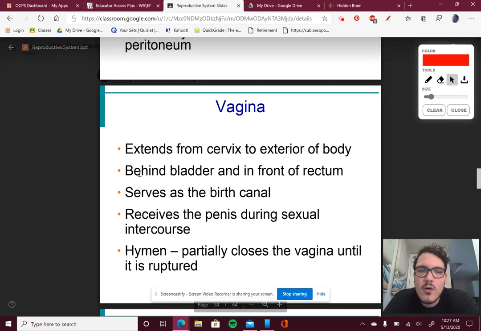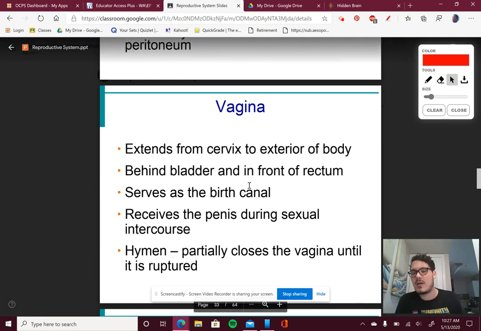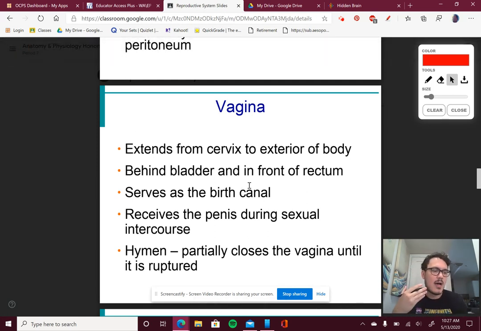As we mentioned before, it serves as the birth canal, so when the baby is in late third trimester and has developed as much as possible, it's time to get out, right? It's time to start growing on its own without the necessity of the mother as far as being in utero. The cervix dilates, expands substantially, then the baby will progress out through the vagina.